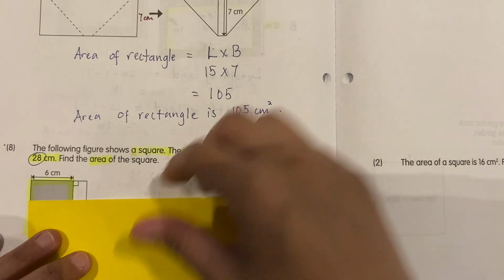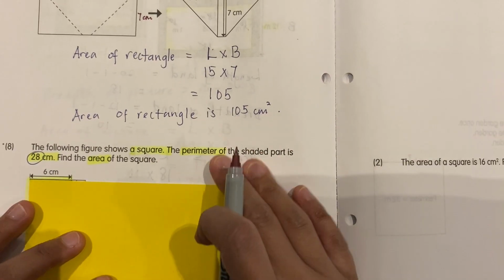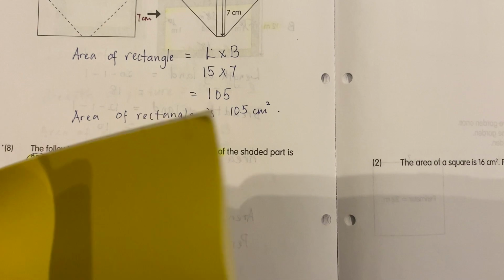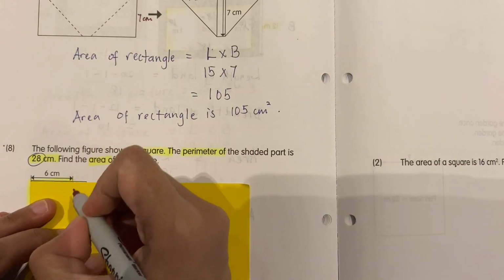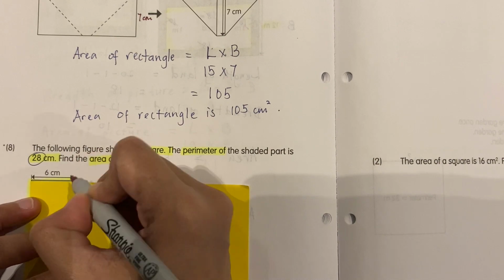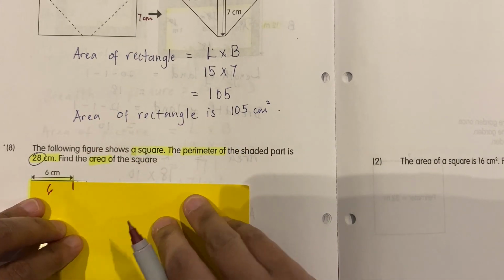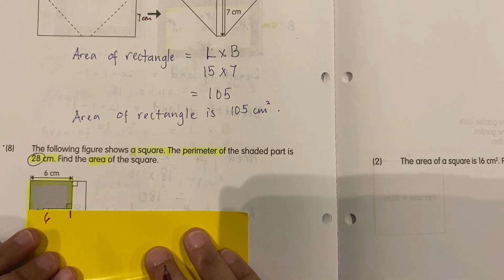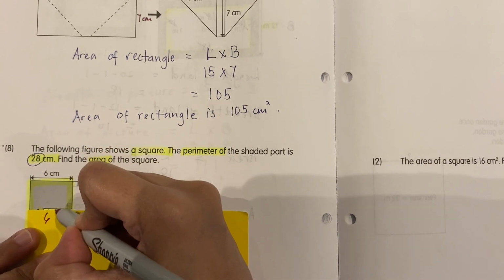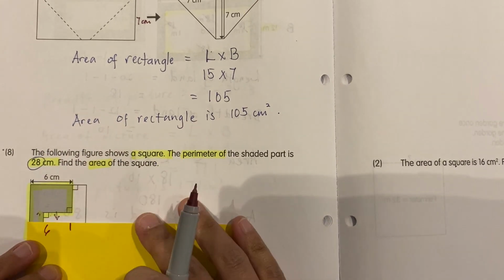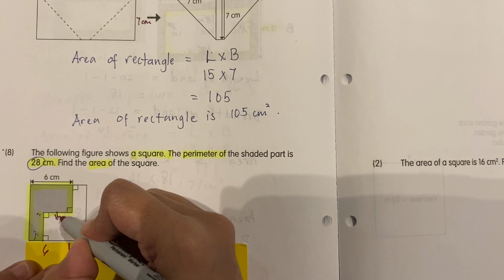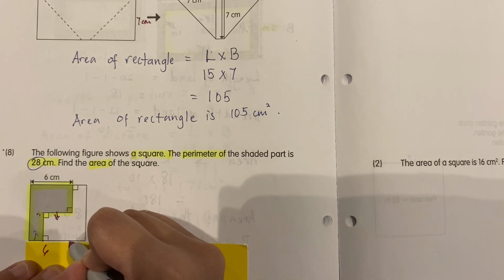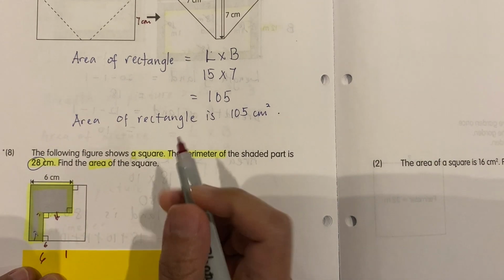So let's do the color paper. From here to here, 6. If I pull this down, imagine you pull this all the way down as well, you will also get this whole piece as 6.